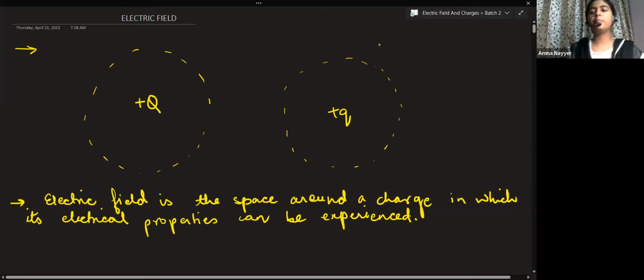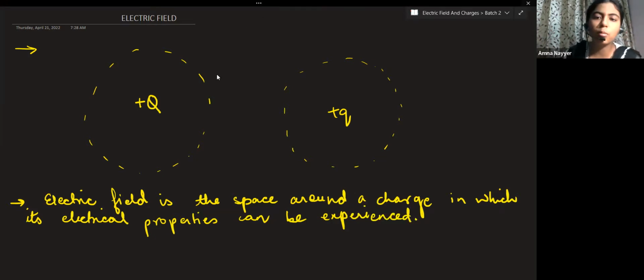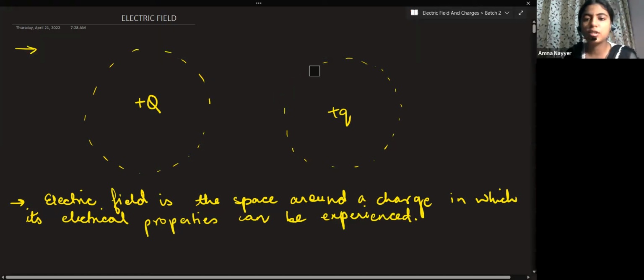So let's talk about this capital Q only, the properties and field of this capital Q only. Let's not consider any other charge.